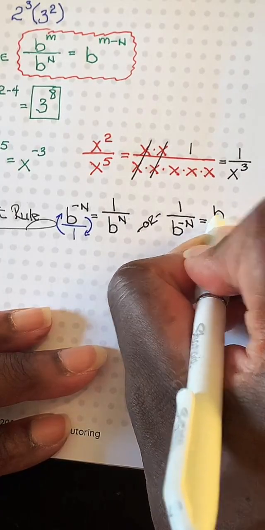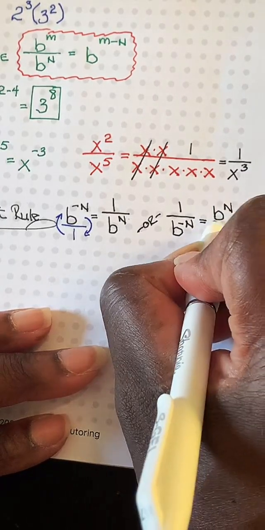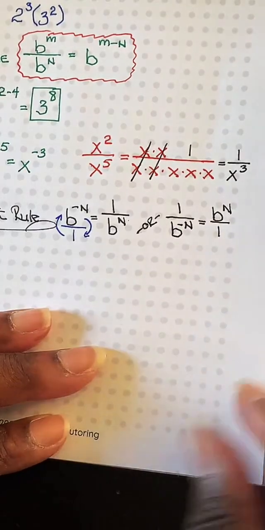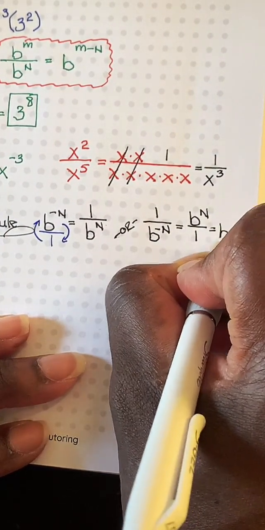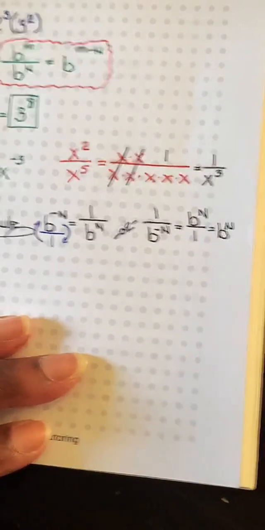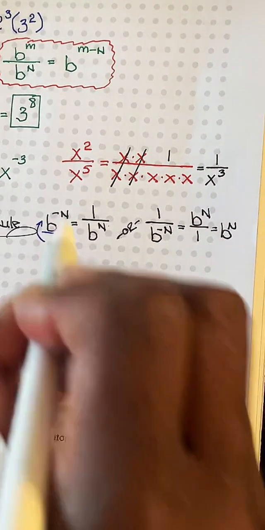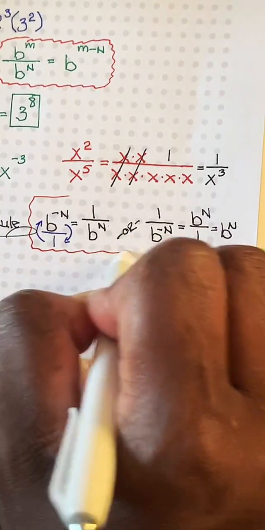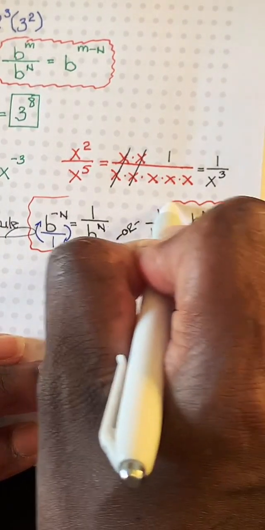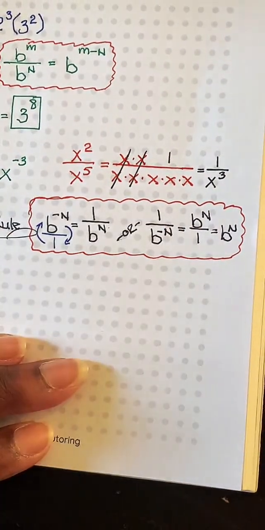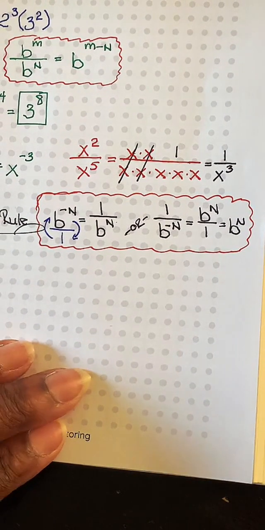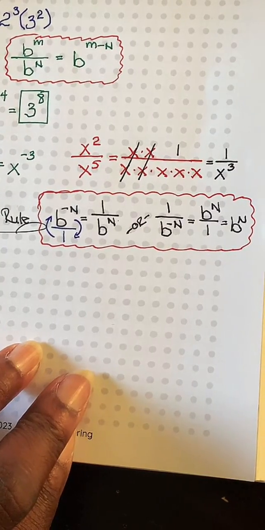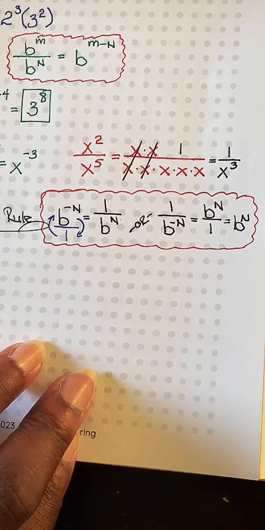So it's going to be b raised to the n over 1, which is just simply b raised to the n. Okay, so this is going to be the rule. No, they never want to keep it stay negative.